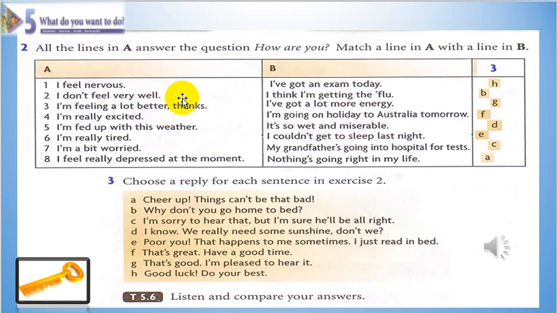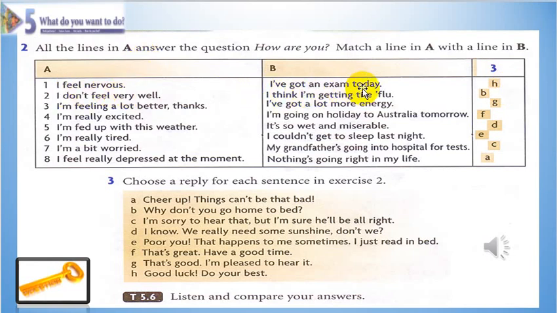Okay. We also linked it to question number 3. Choose a reply for each sentence in exercise 2. Here I have solved it for you. Number 3, it is written, and here is the solution for each sentence. So here we have the question, a reply, a comment and a further comment. Okay. I feel nervous.